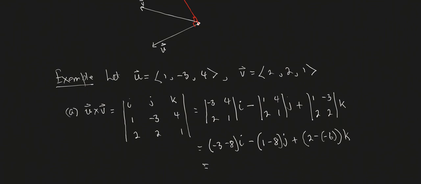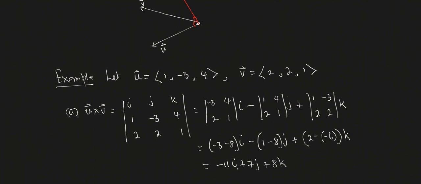All right, so what do we end up with? -11i, and then in parentheses I have a -7, but there's a negative in front of that, making it +7j, and then 2 minus -6, so that's plus 8k.